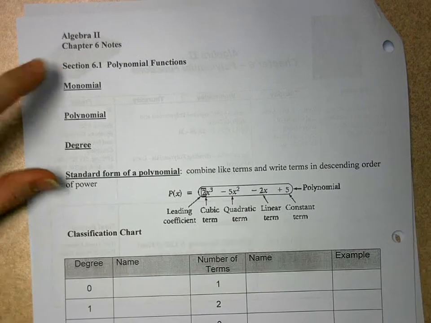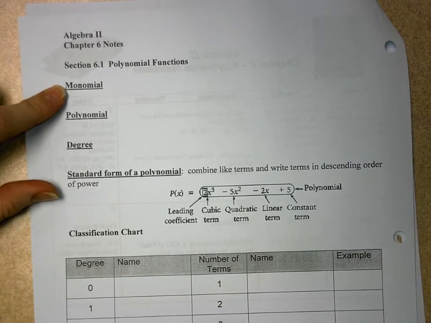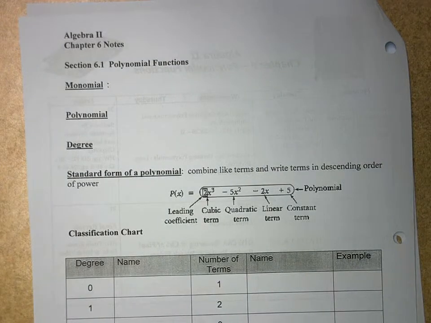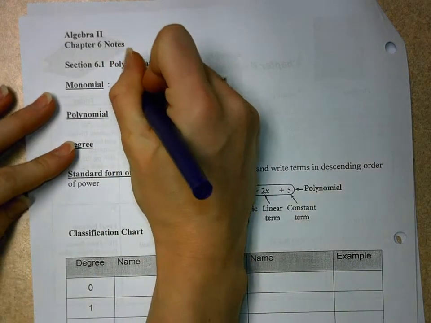So first of all, a monomial. That's one of the most basic terms we look at. A monomial is a single term.